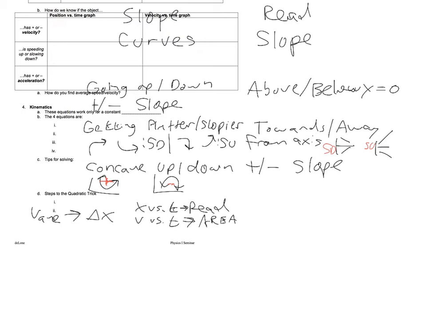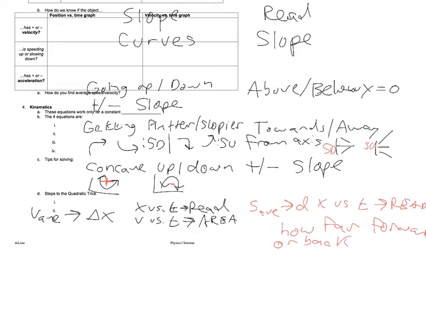It's a little bit trickier if we're thinking about average speed and we need distance. On a position versus time graph, we're going to have to read it, but we're going to think about how far forward or back we go.